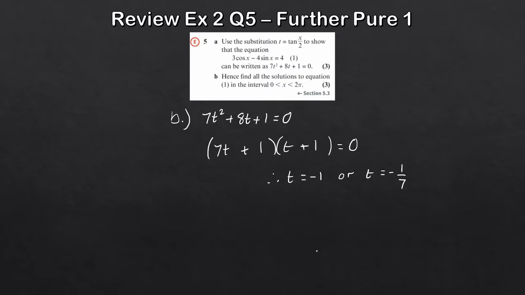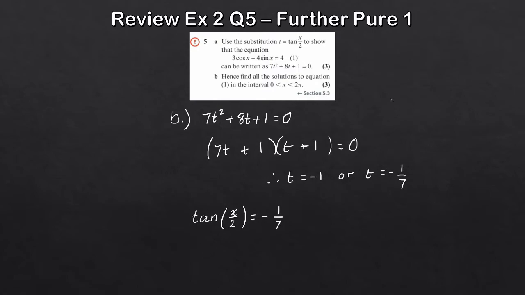So that's our t. But obviously we're not finished here. We need to do a bit more because we need to actually find the solutions to the equation. At this point here, all we've actually done is just find t. So remember, we're substituting in tan x over 2 for t. So what we've actually got here is tan x over 2 is equal to minus 1 over 7.